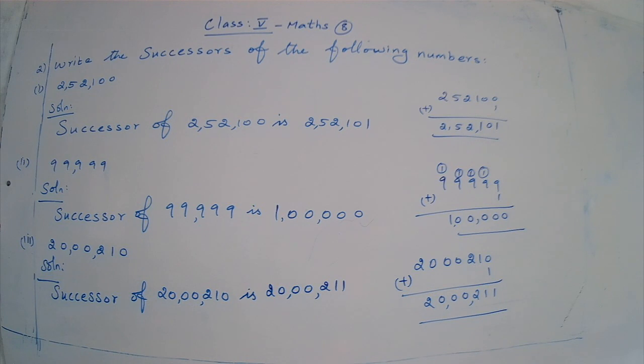Second question, write the successor of the following numbers. Successor. The number one more than a given number is called successor. Okay? We can get the successor by adding 1 to it. Okay, children? So very easy sums.